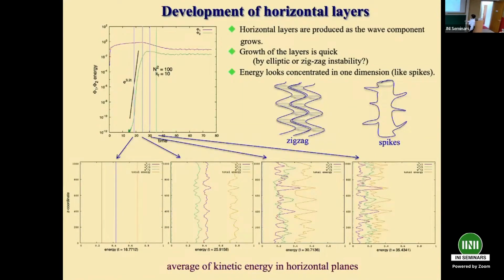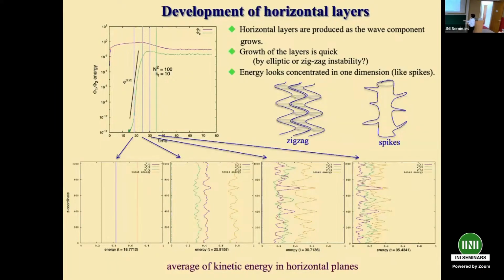At first, of course, velocity in the z direction is almost zero. We see some fluctuation in x and y, but the total is something like that. So this is the horizontal, and this is the vertical direction. It's a horizontal average of kinetic energy.